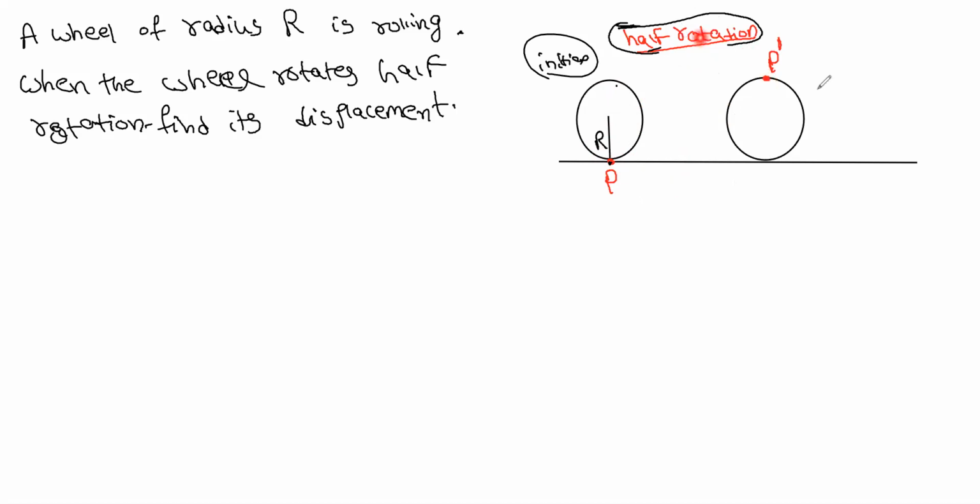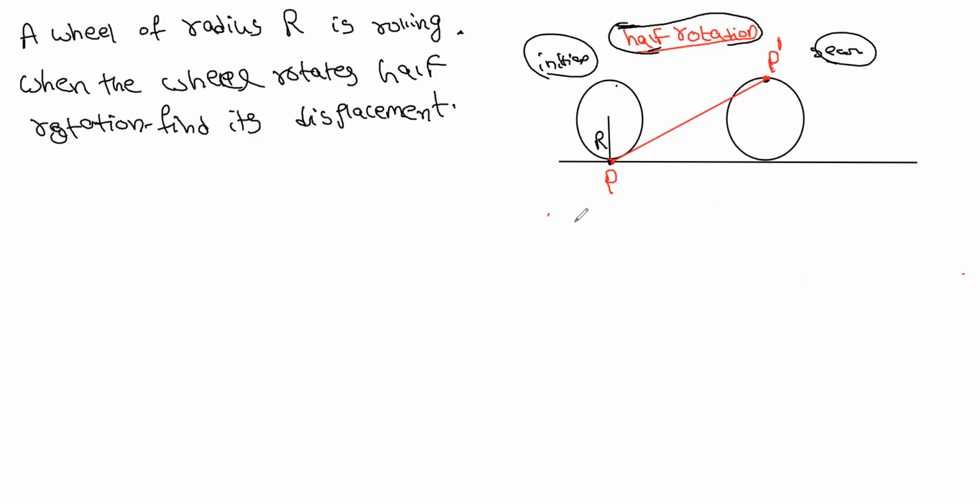So this is the second position. Now we need to know the displacement of this point P. Displacement is nothing but the straight line distance, from here to here. We need to find what is PP dash.